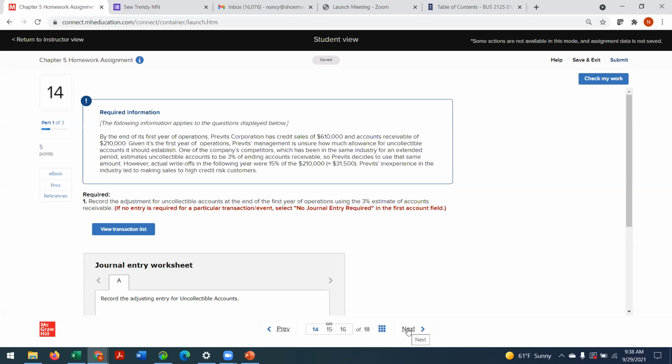So Previtz decides to use that same amount. However, actual write-offs in the following year were 15% of the 210,000. Previtz's inexperience in the industry led to making sales to high credit risk customers. Record the adjustment for uncollectible accounts at the end of the first year of operations using the 3% estimate of accounts. So I want you guys to try that, see where you get.